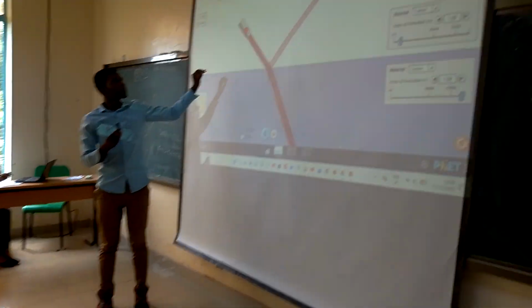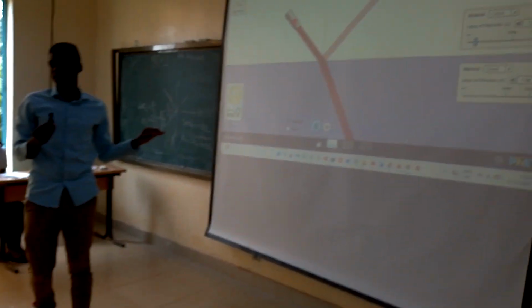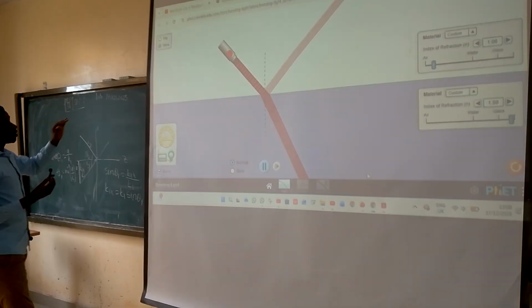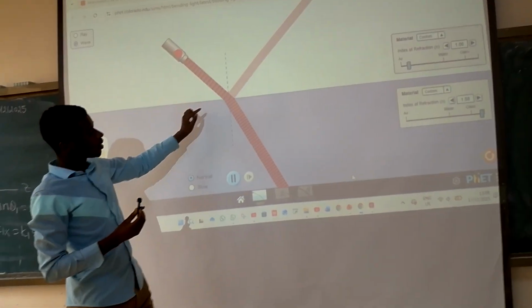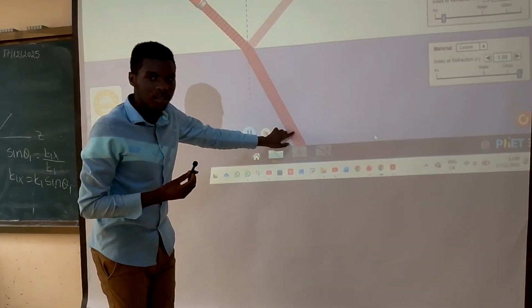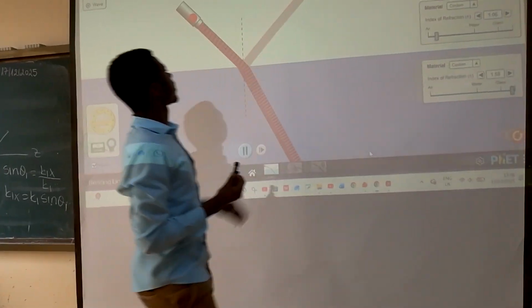Remember, we are dealing with waves, not rays. Yes. So that is the incident one, what is transmitted is this one, and this is the reflected.